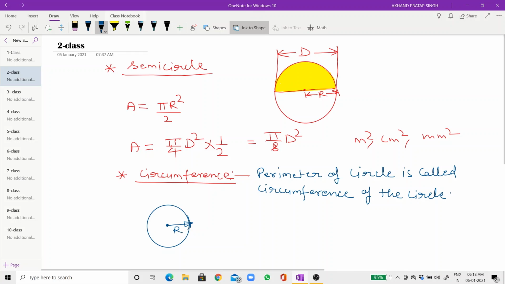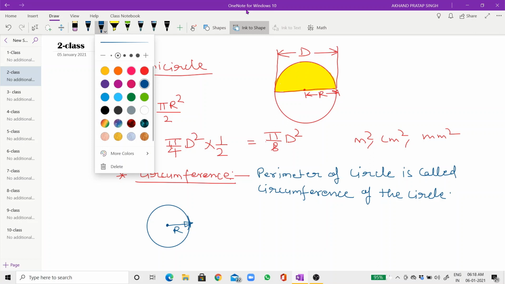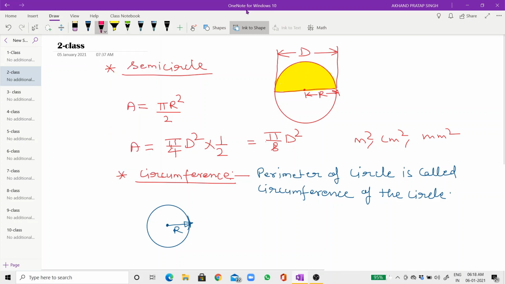So if we take this point and start counting like that along the periphery of the circle, this whole portion is called the circumference, and the value of circumference is equal to 2 pi r, where r is the radius of the circle.